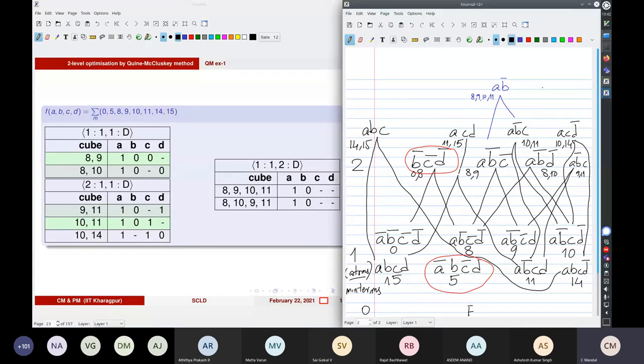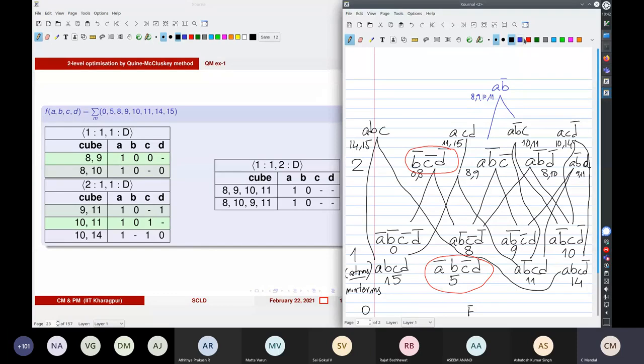So A, B bar, D. Yes, so you can combine 8, 10, 9, 11, and this also gives you A, B bar, D.